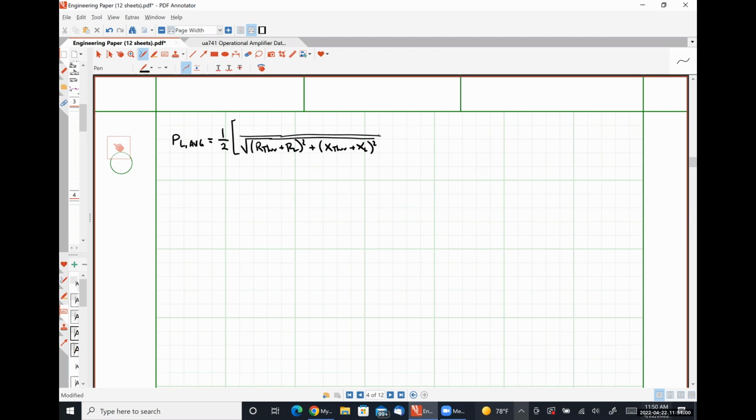So here we have the magnitude of V Thevenin, and then the square root of RL squared plus XL squared. This big piece right here represents the magnitude of VL. Now I'm going to substitute in my representation for the magnitude of IL. So that's going to have the exact same big ugly denominator.